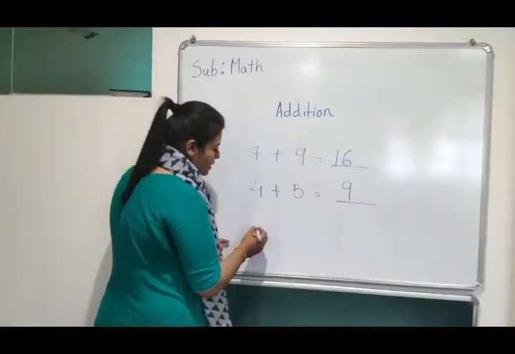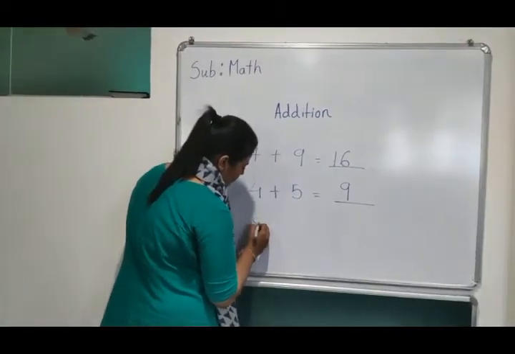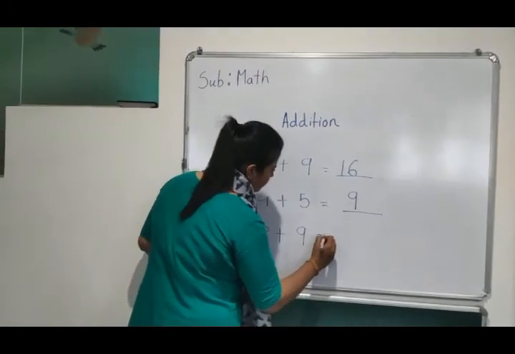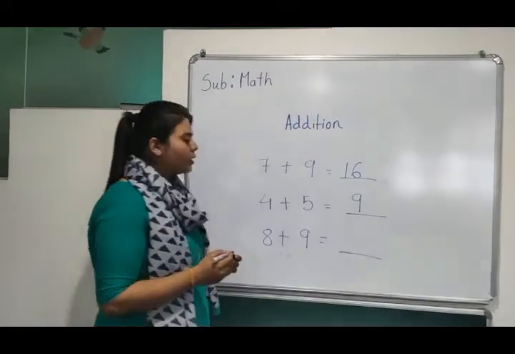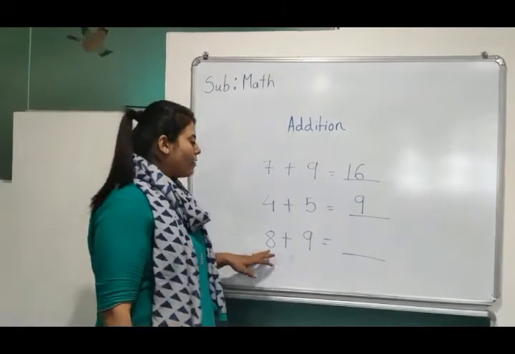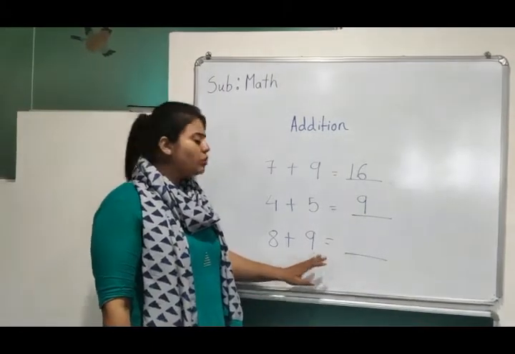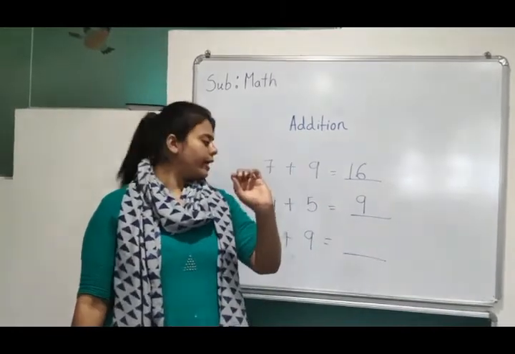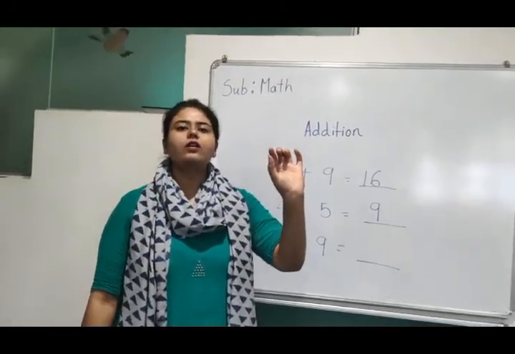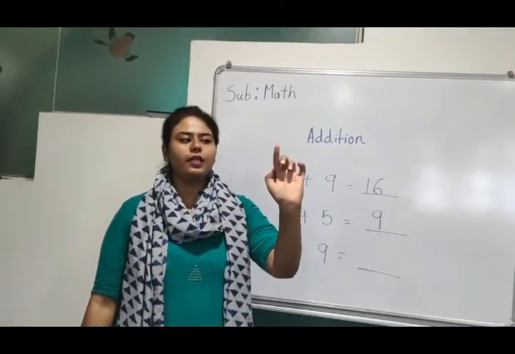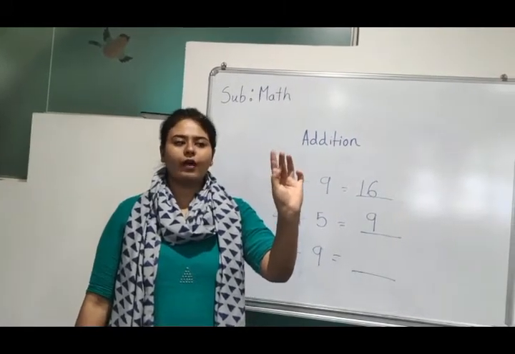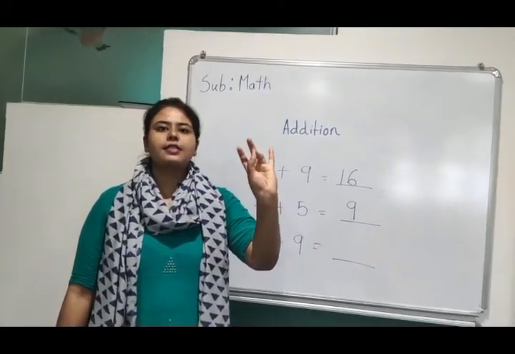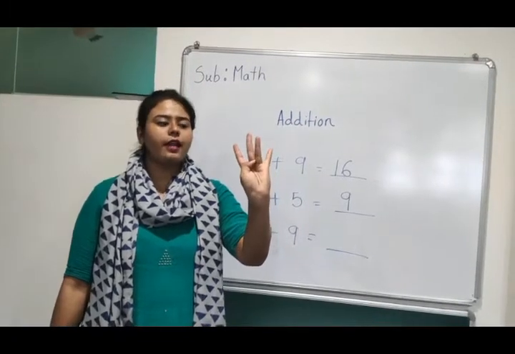Now next is 8 plus 9. So I will not count 8. I will count 9 directly. I can use fingers also. I can count this way also. 1, 2, 3, 4, 5, 6, 7, 8, 9.